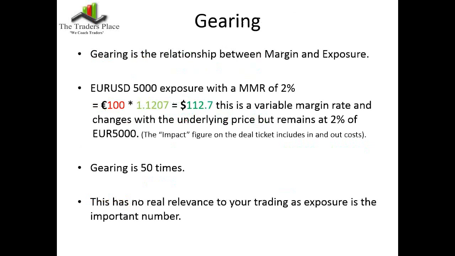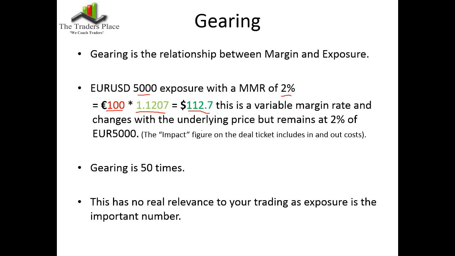Gearing is simply the relationship between your margin and your exposure. So if we look at gearing, we take a 5,000 euro exposure. The minimum margin requirement in that particular pair is 2%. Which means your margin requirement is 100 euros, but you have a US dollar account, so you have to multiply by the prevailing price, and that will give you a margin requirement of $112 to get 5,000 euros exposure to the market.